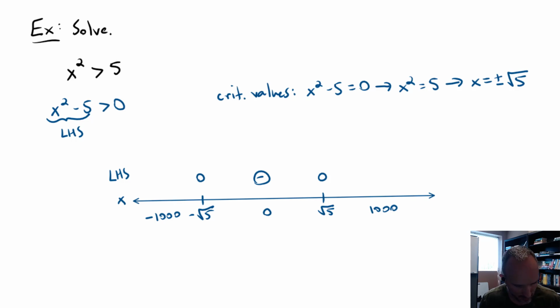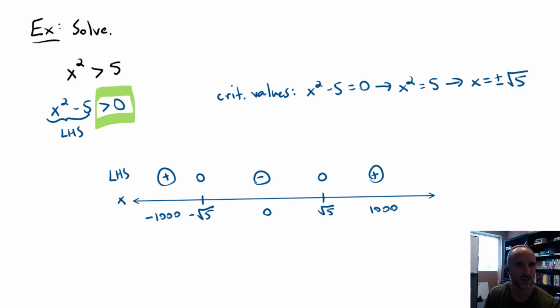You don't have to do that, it's pretty obvious, but if you do, you'll get 999,995, which is certainly positive. If you square 1,000 and only subtract 5, you're going to get a positive number. If you square negative 1,000 and subtract 5, you get the same positive number as if you square positive 1,000.